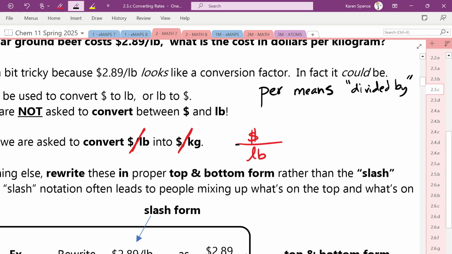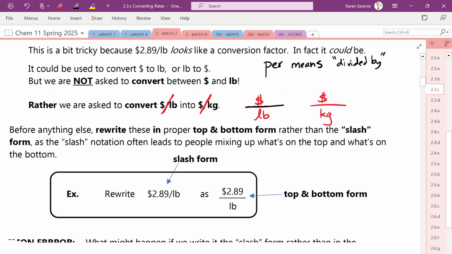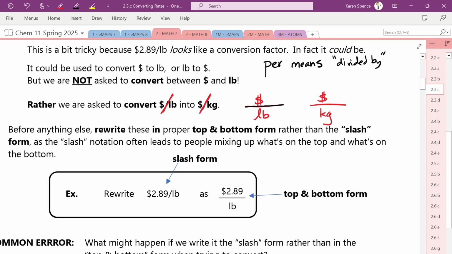So we want to divide dollars per pound, dollars divided by pounds. And we want to write dollars per kilogram as dollars divided by kilograms. Okay, so we're going to start with dollars per pound and change it into dollars per kilogram. So always take your slash form and write it in top bottom form, okay?